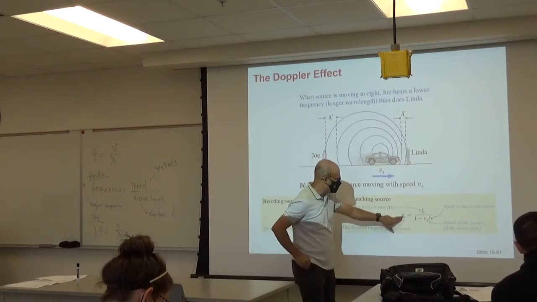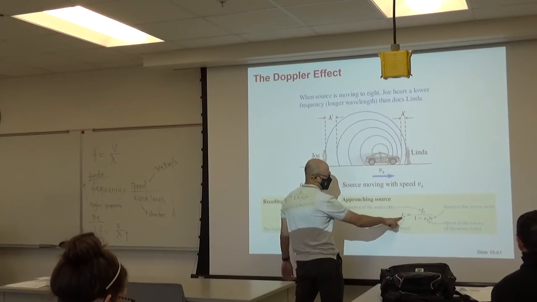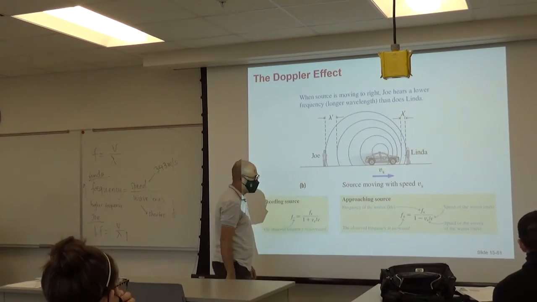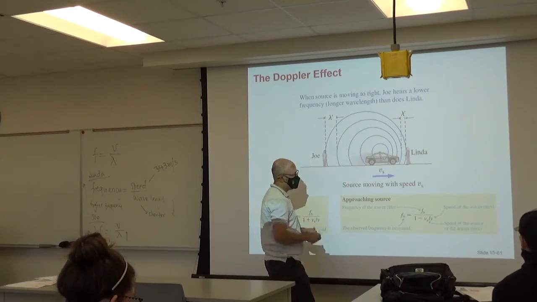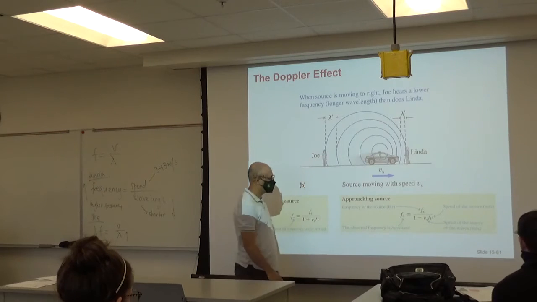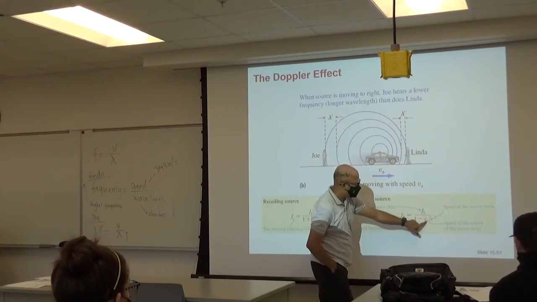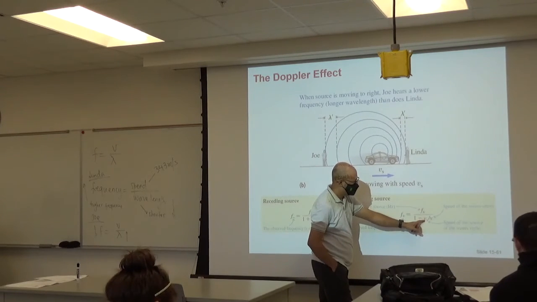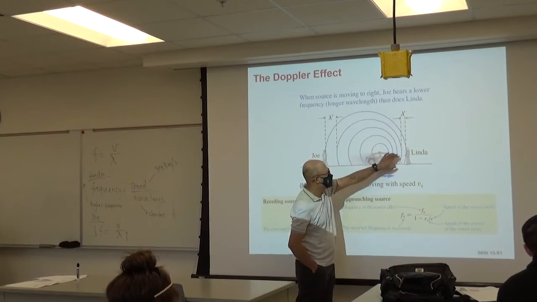That would be the frequency perceived by this person, where Fs is the frequency of the source, the actual frequency. 1 minus Vs, where V is the speed of sound, and Vs is the speed at which the source is moving towards this observer.